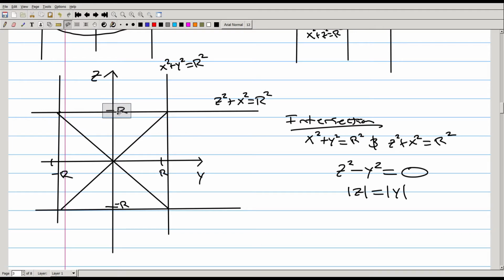There we go. That's a little bit of a better match right there. And this is positive r in y, and this is negative r in y.